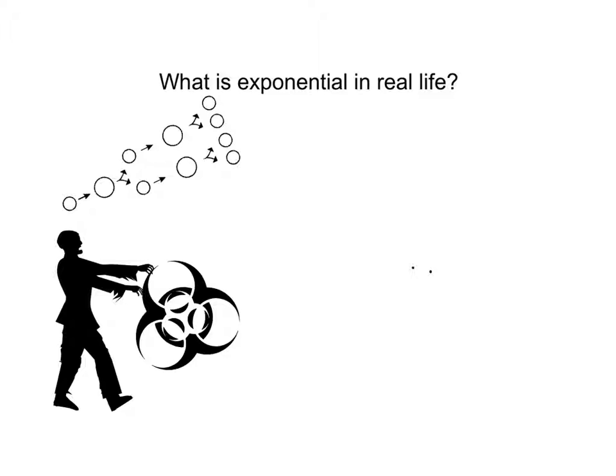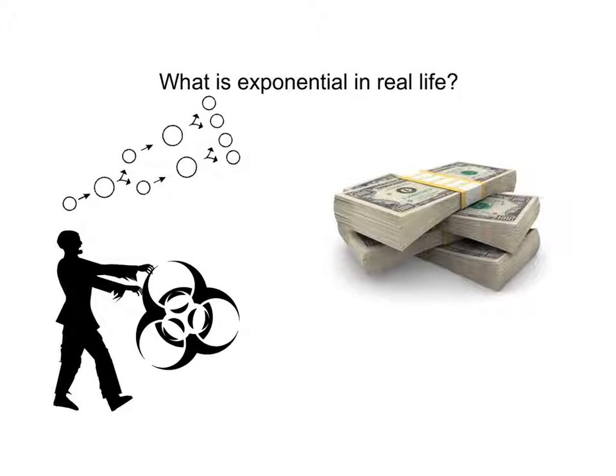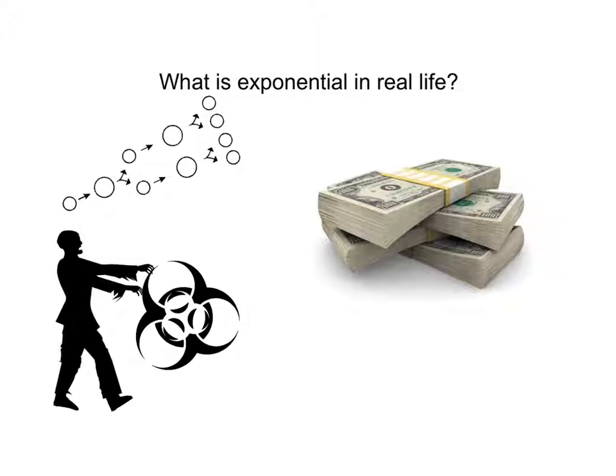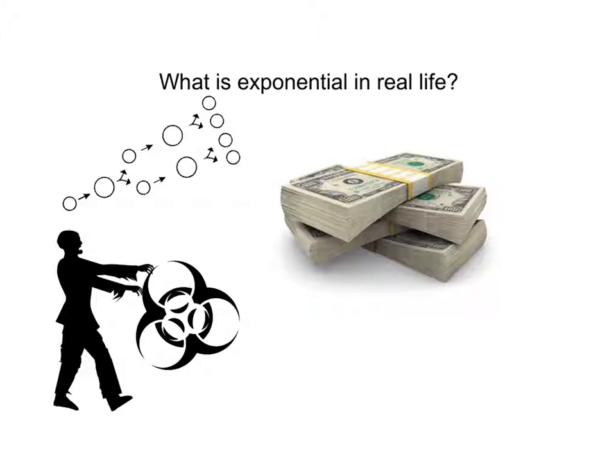One of the other great things you can look at when it comes to this kind of growth is very simple. Money. Money is one of the biggest real-life exponential growth problems in existence whenever we're talking about compound interest at a bank.